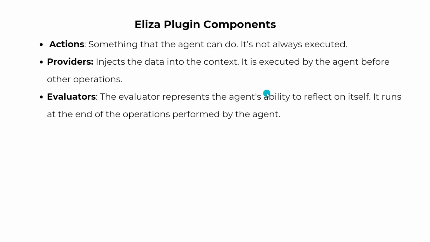So it is used to perform some operation at the end of the operations that an agent has performed. In our case, we have chosen to use the providers and evaluators because they allow us to create a loop.